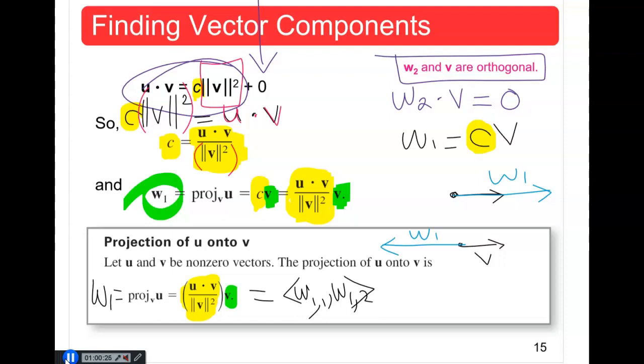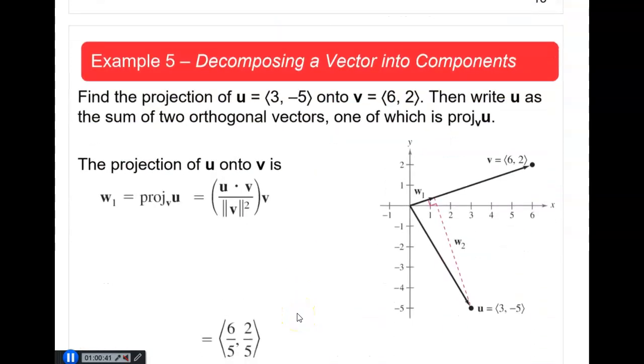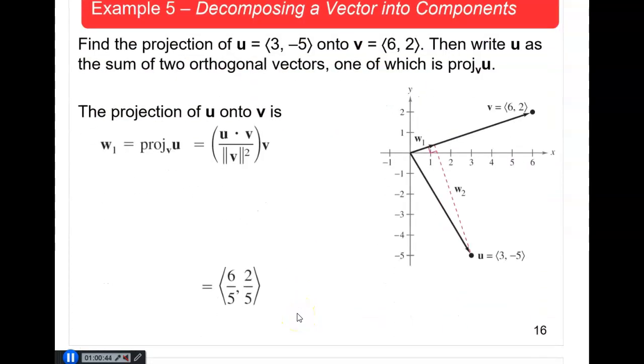Yes, it will have two numbers there because you're multiplying a vector times a scalar. All this formula is just to find the scalar that will guarantee that W sub 1 will be orthogonal with W sub 2.